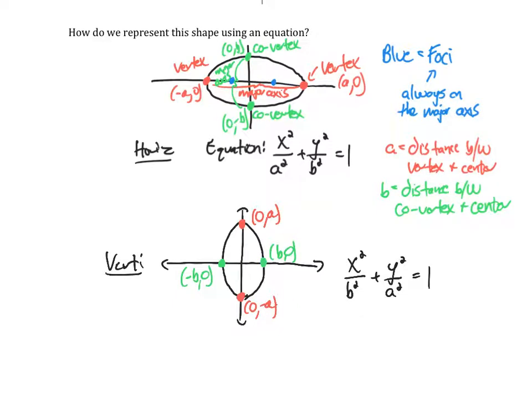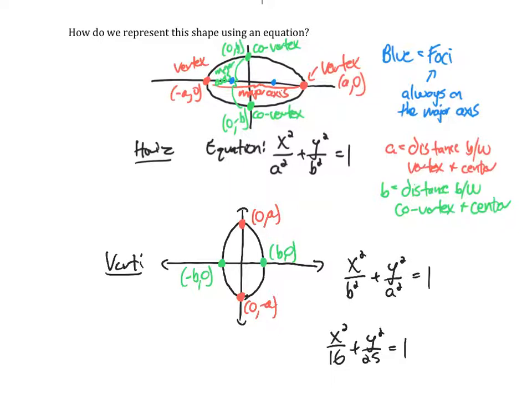This is vertical. So the question might be, let's say you get an equation of an ellipse like x squared over 16 plus y squared over 25 equals 1, and the ellipse hasn't been drawn out. How are you going to know if it's a vertical or horizontal ellipse? Think about this: what value is going to be greater, a or b?